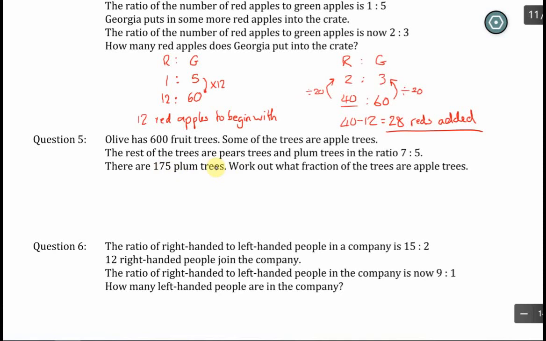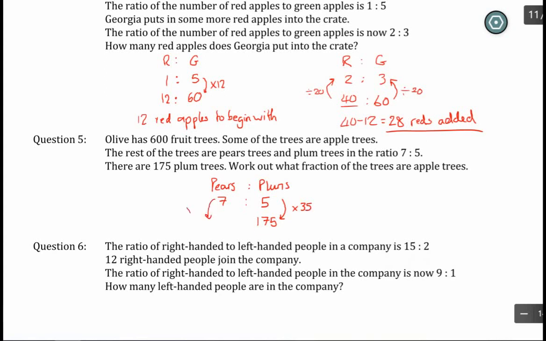So the pears to plums is in the ratio 7 to 5. And we're told there are 175 plum trees. So this is what we can figure out. What's 175 divided by 5? Well, 5s into 17 go 3 times with 2 remainder. 5s into 25 go 5 times, so that's 35.